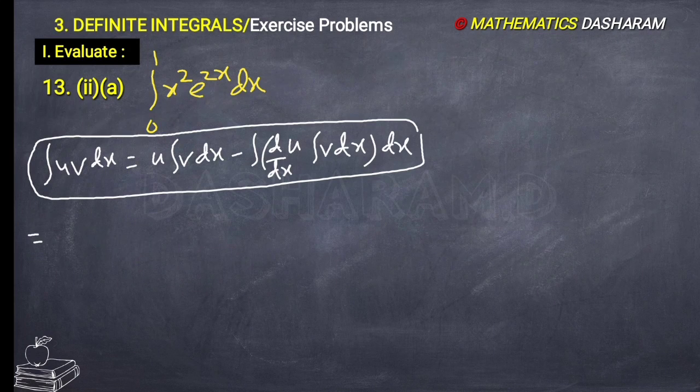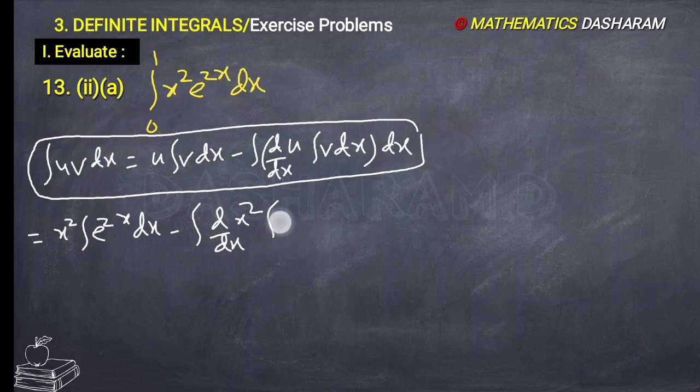So it is equals to x square into integration e power 2x dx minus integration d by dx of x square integration e power 2x dx whole dx.